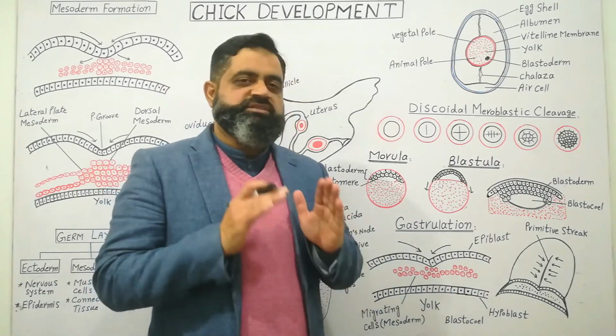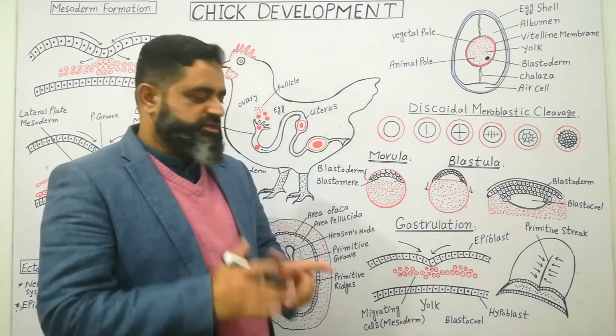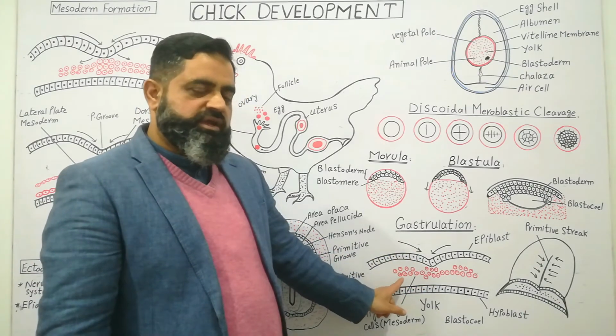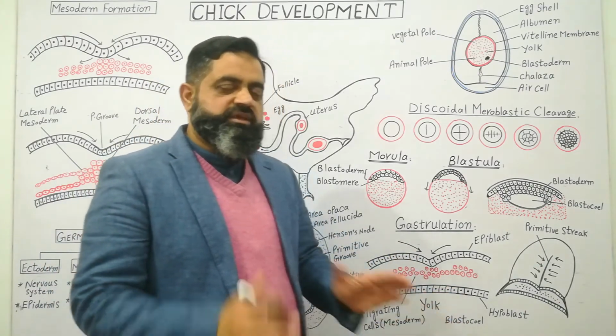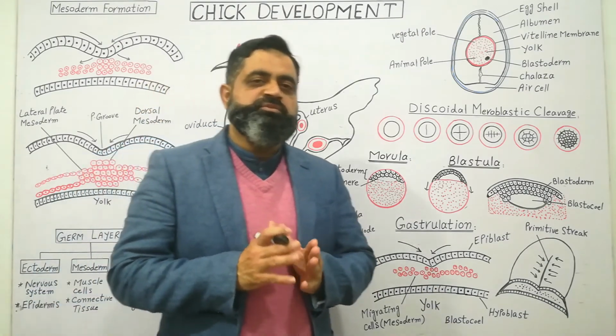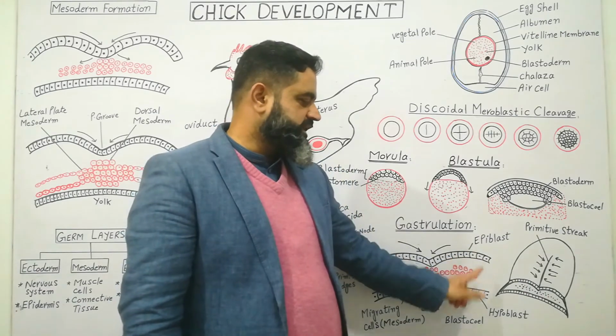This hypoblast will develop into endoderm, and between these two layers there is a space where cells will migrate, as you can see in the red color, and they will produce mesoderm. So in this way, three germinal layers will be produced from these two layers, epiblast and hypoblast.